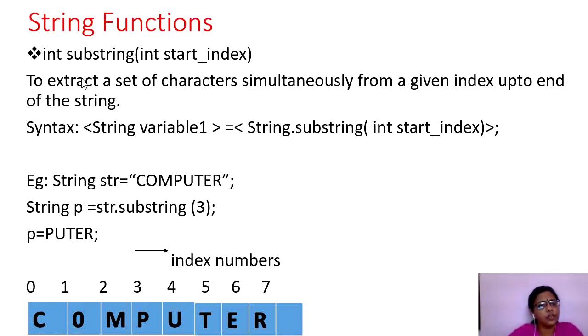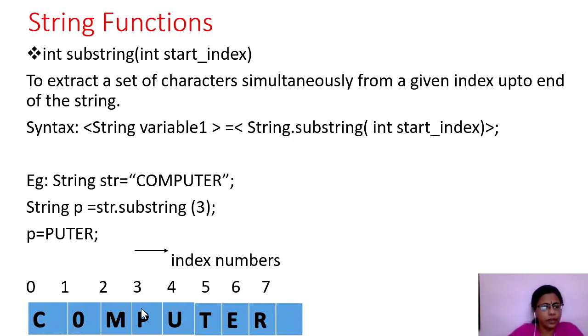If you are using substring with only one argument, then for example, now I have computer here. You can see the index numbers are like this. Now if I say str.substring(3), what will happen? The compiler goes to the third index, so it is at P. From here, it extracts all the characters till the end of that particular string.